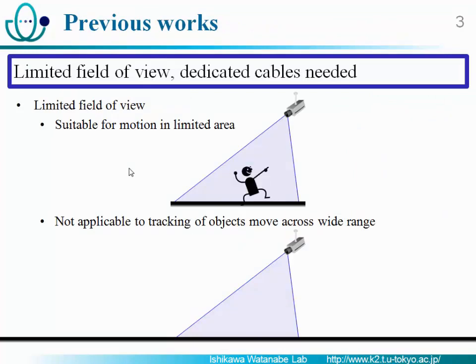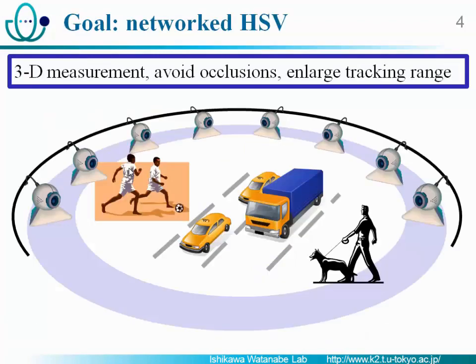In these previous works, only one or a few cameras are used. So such a system is suitable for motion in only a limited area, but it's not suitable for objects that move along a much wider range. So the goal of this work is to develop a networked high-speed vision system.